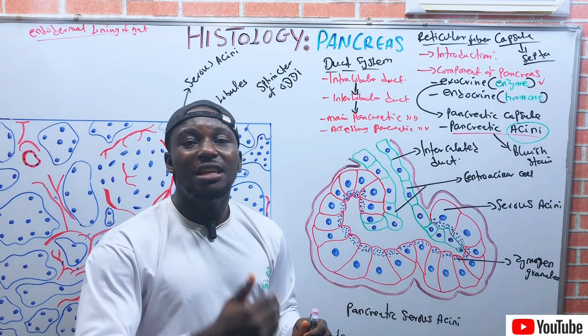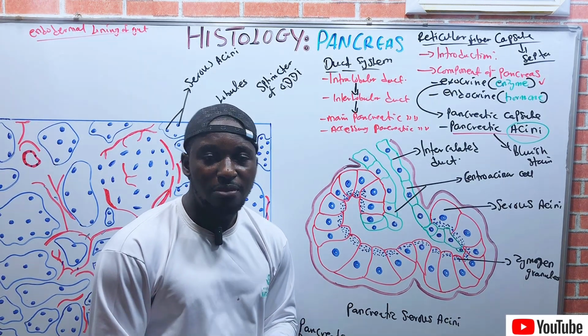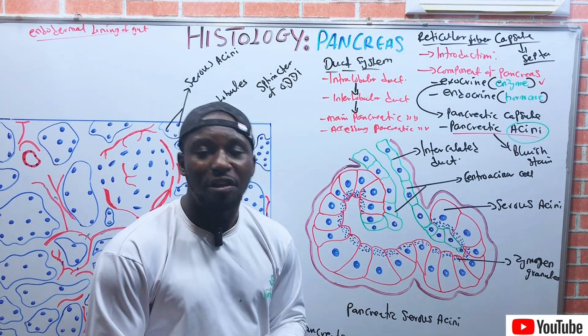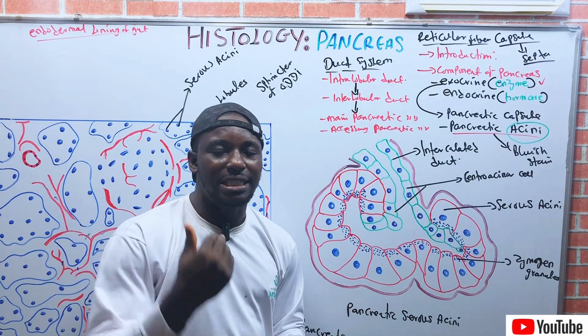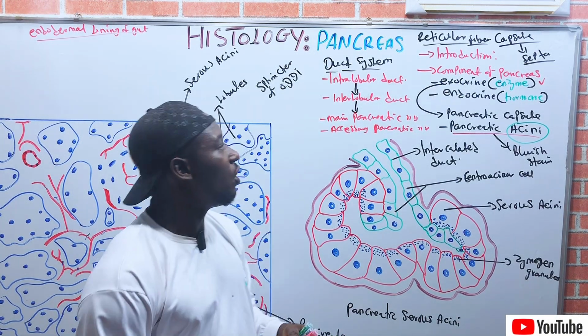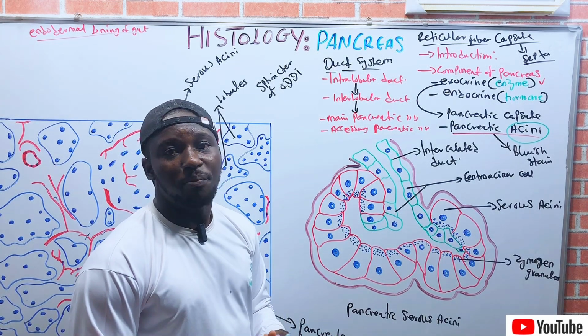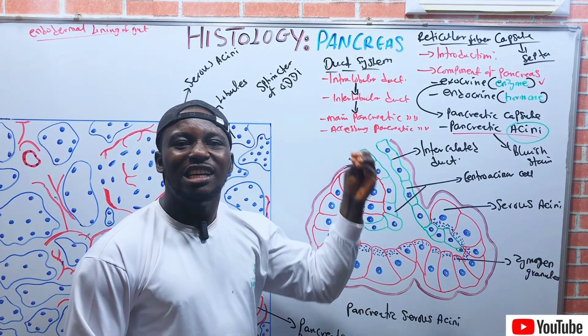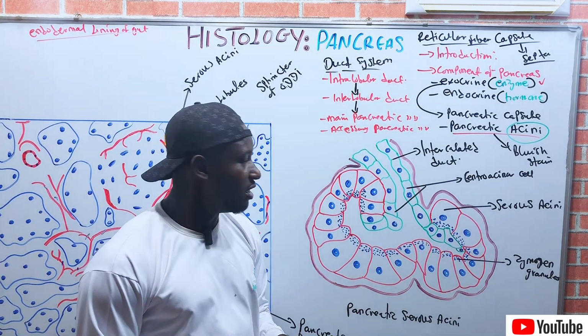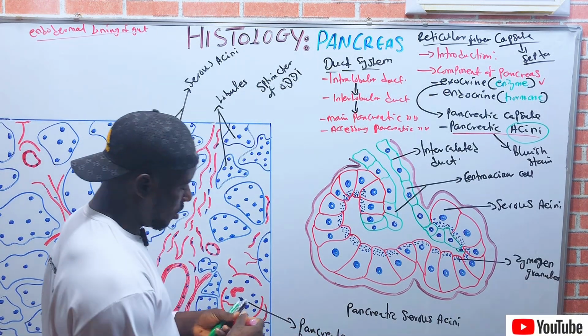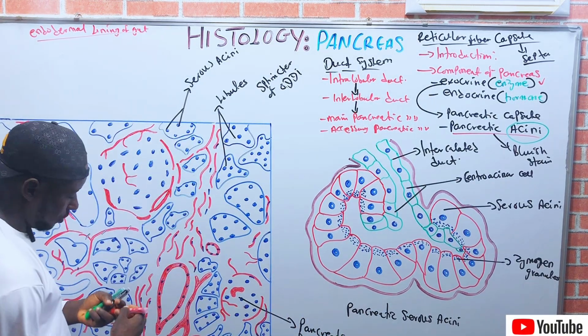They are usually being activated in the duodenum before they will begin to perform their catalytic function. So that is all about the duct system of the pancreas in respect to this histological class we are treating. Okay. Now watch.